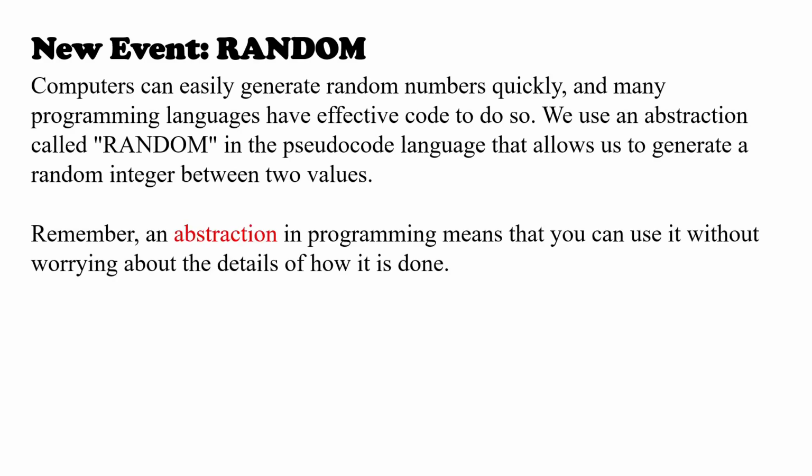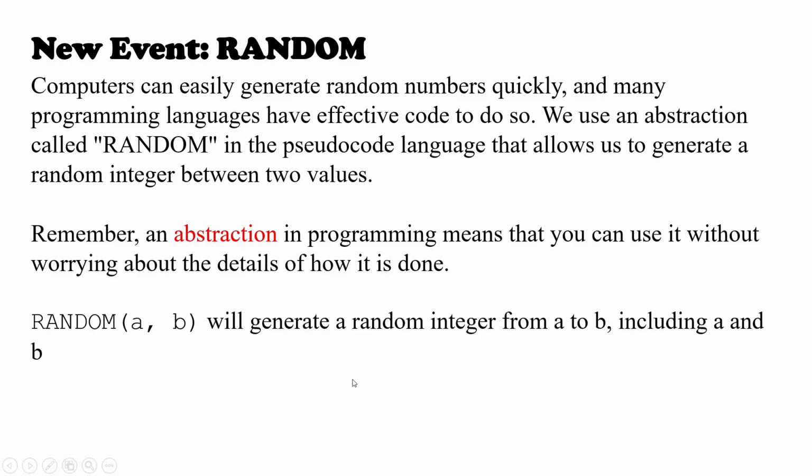Remember, an abstraction in programming, we'll talk about it more in our procedures lesson, means that you can use it without worrying about the details of how it's done. Just know that if I use this random feature, I'm going to get a random number between X and Y, whatever those are. I don't need to know how I got that random number, but I know that I will. And that's what an abstraction deals with.